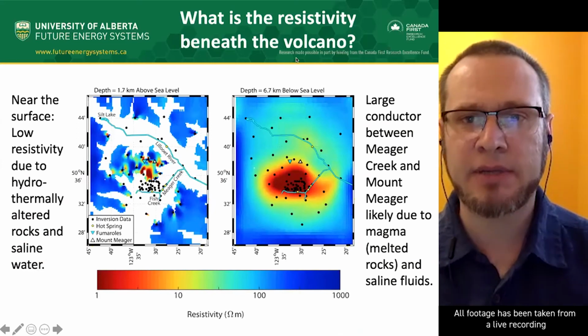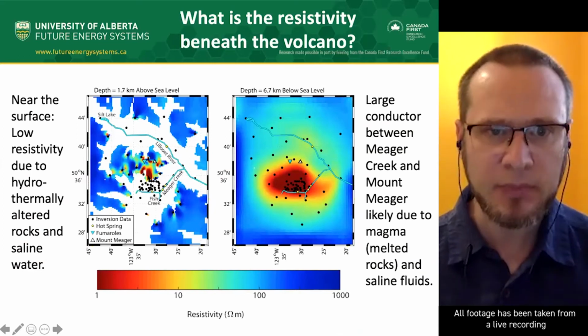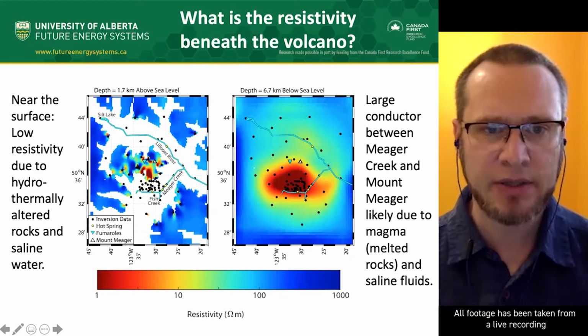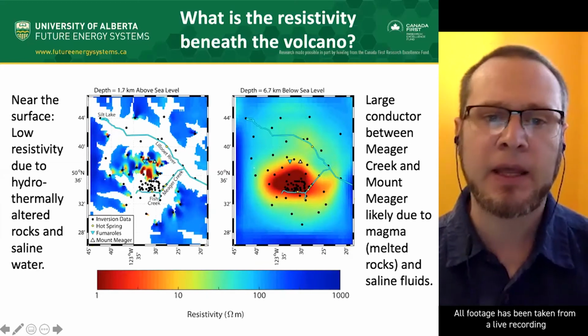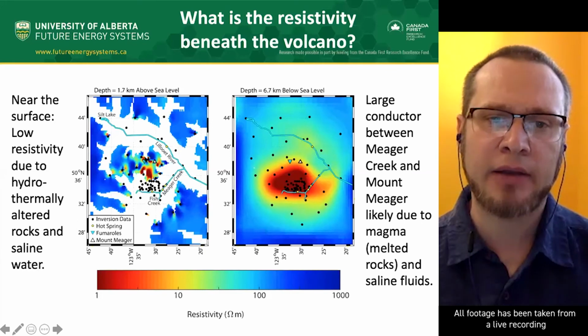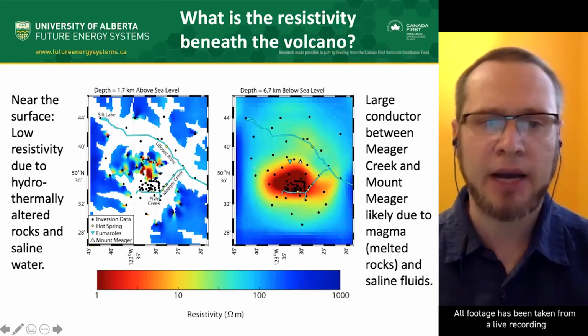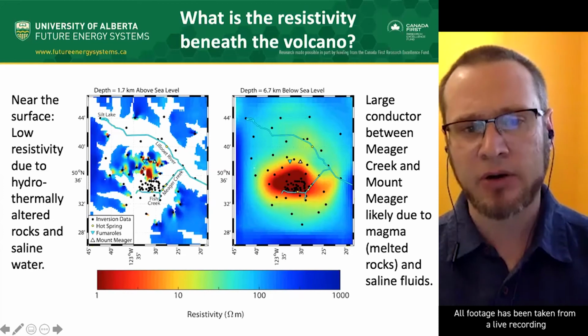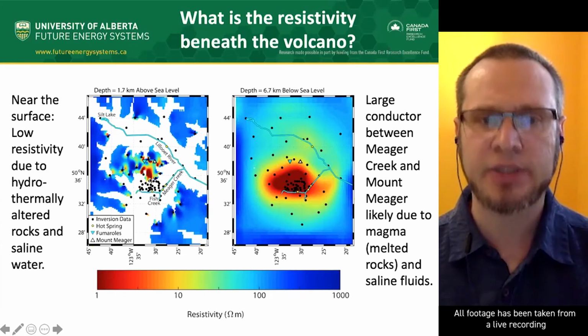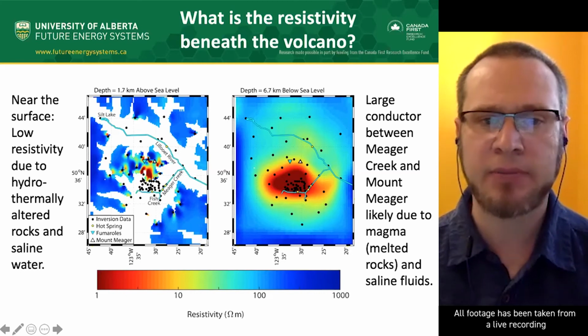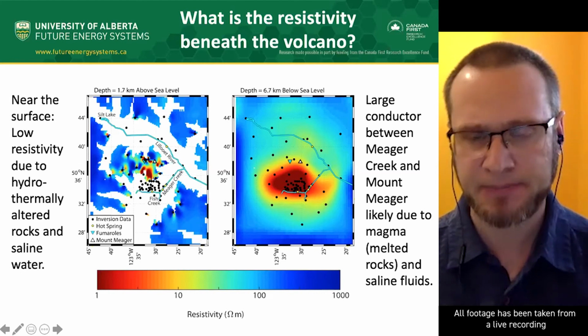What is the resistivity beneath Mount Meager? Near the surface, there is low resistivity, and remember that just means high conductivity, near Mount Meager and the volcanic vents. And this is due to hydrothermally altered rocks and salt water. And so this is associated with the geothermal system, which can provide energy in this region.